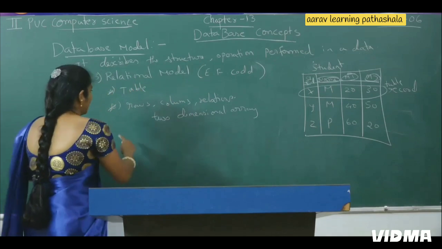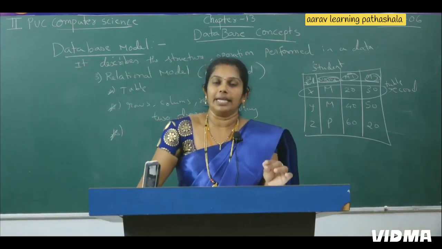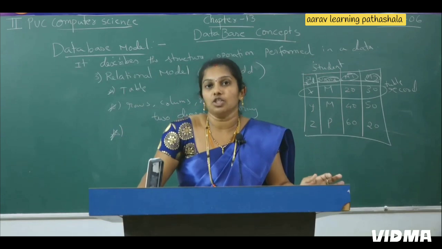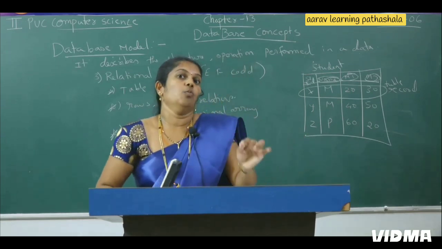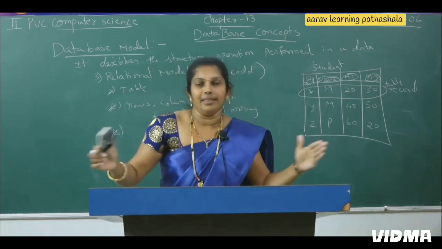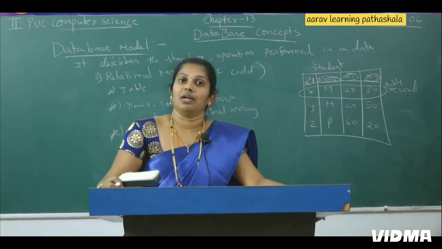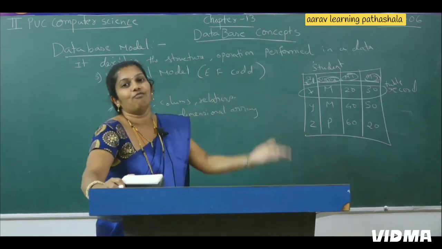When we come to the advantages, for example, we have one table on which all the information is stored in homogeneous format. If I want to increase the length, then it is difficult, because, as I already told you, it stores the data in two-dimensional array format.